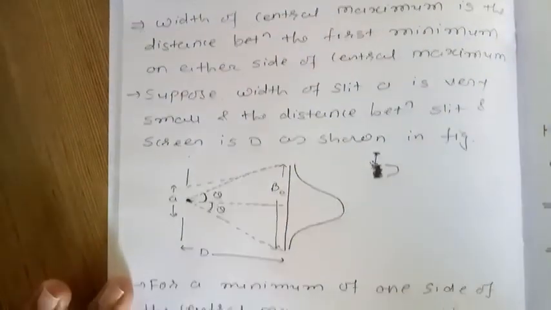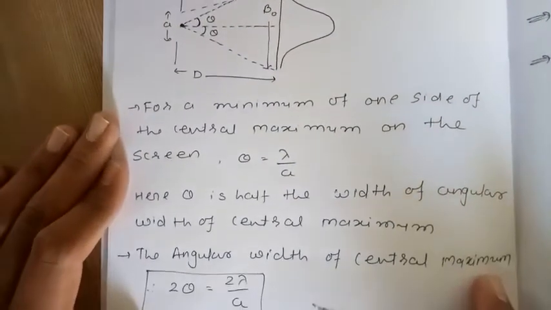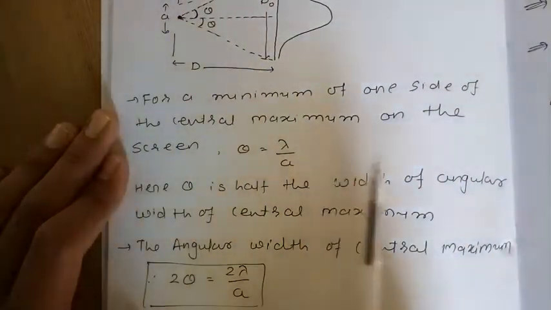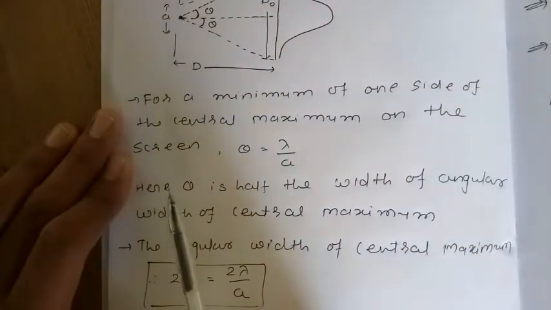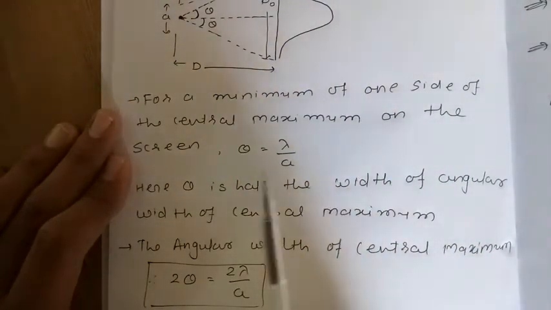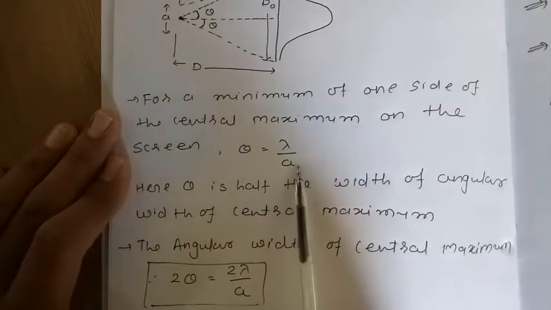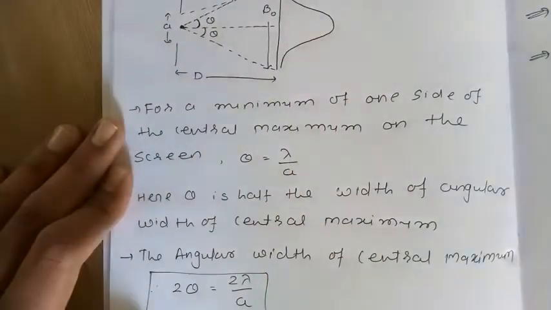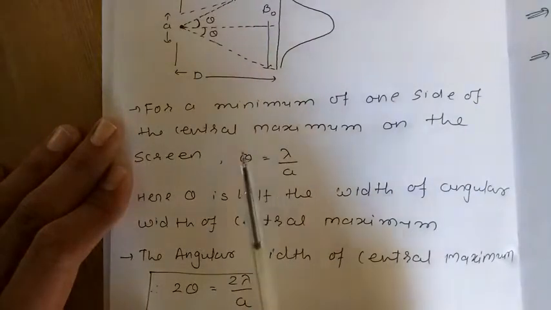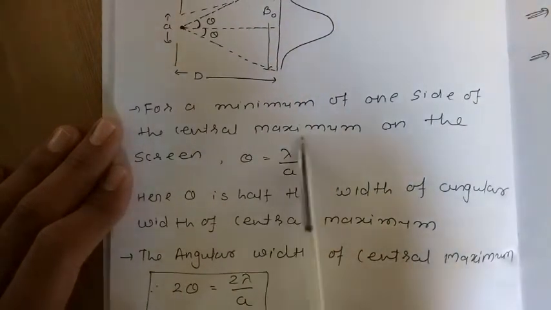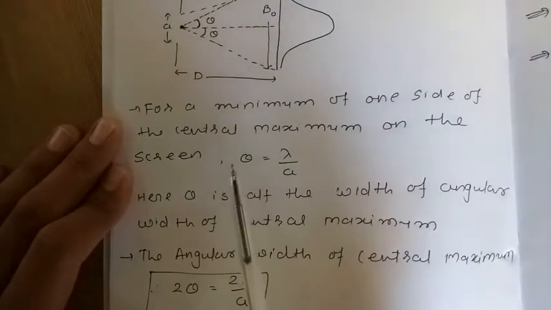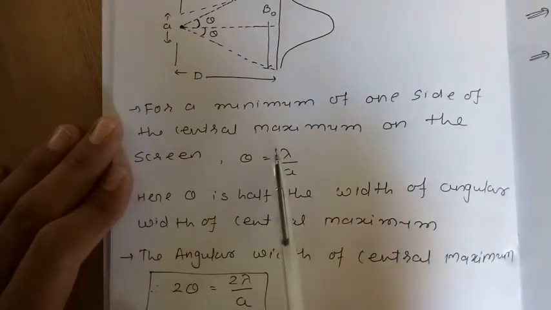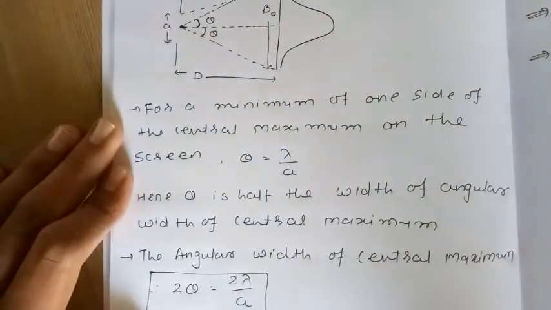So you can see that for the minimum on one side of the central maximum on the screen, theta is equal to lambda by a, where this theta is half of the angular width. To find the angular width 2 theta, we multiply both sides by 2, so we get 2 theta equals 2 lambda by a.